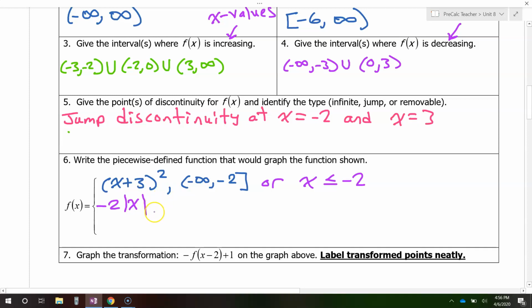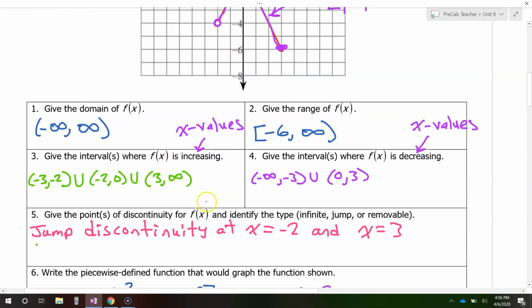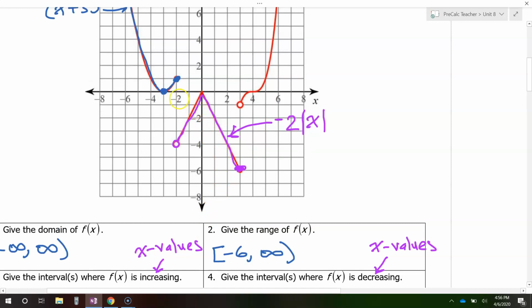All right, now it's time for the domain. The x values here go from -2 to 3. From -2 to 3. Notice the open circle and the closed circle. So it's like -2 to 3.